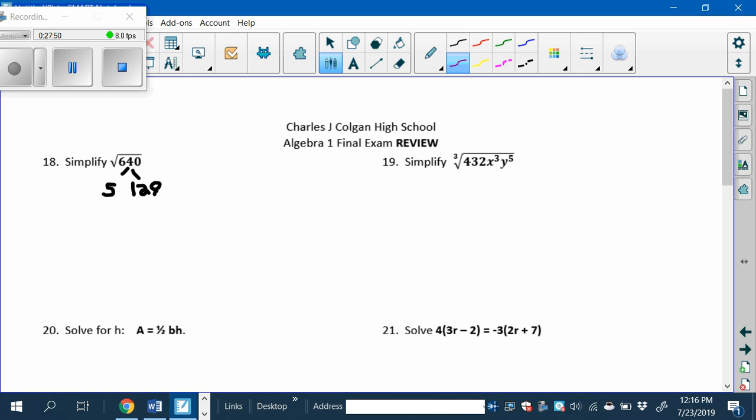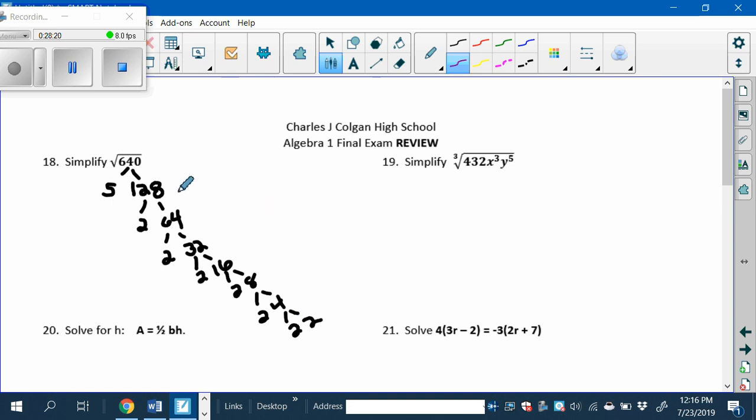And then I can divide it by more prime numbers, which is just 2. 2 is easy. 2 times 64, and then 2 times 32, and that's 2 times 16, which is 2 times 8, which is 2 times 4, and that's 2 times 2.